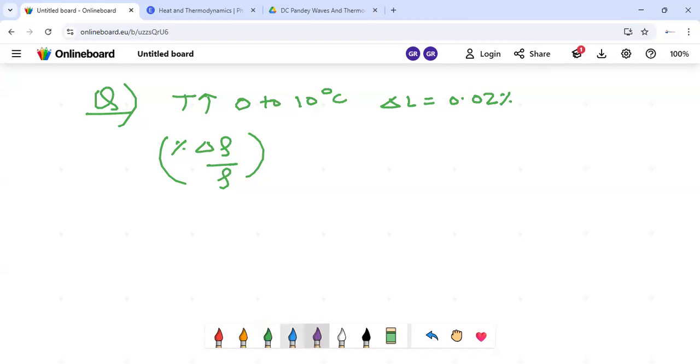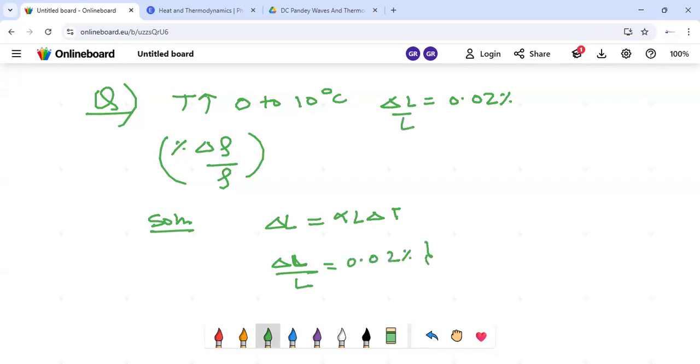Look, here what we have to do is, first thing is delta L equals alpha L delta T, and delta L by L for us is given as 0.02%, right?